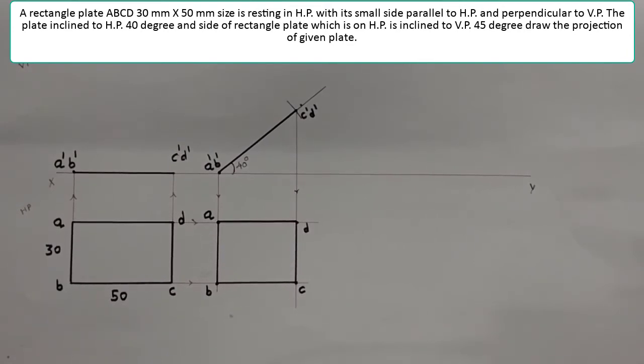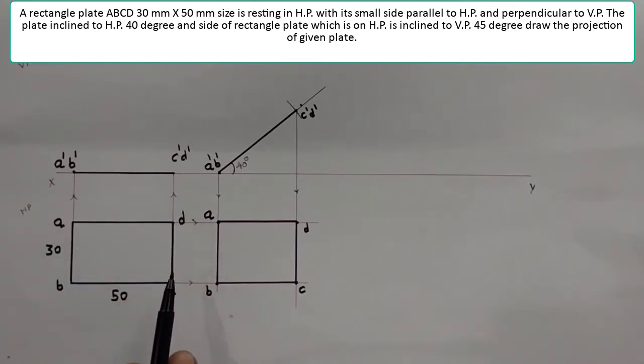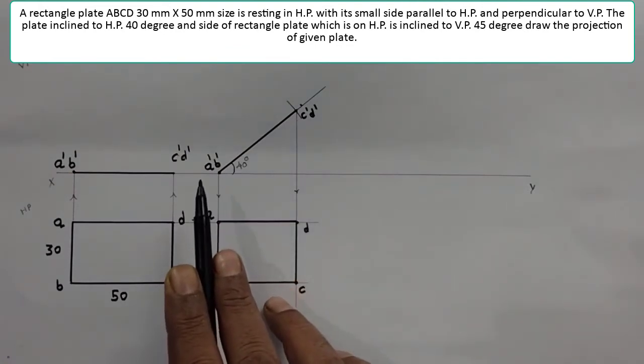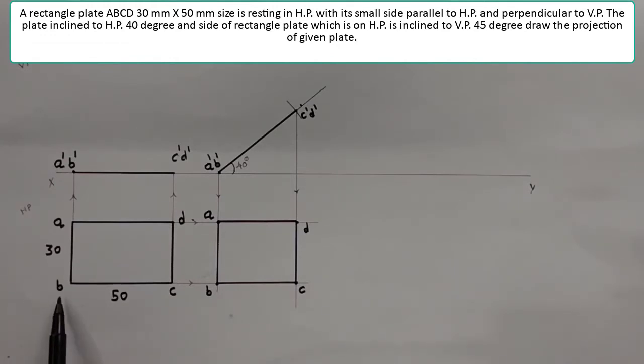Now understand here, when your plate is on HP with the surface parallel to HP and perpendicular to VP, the top view is our true shape. But when the surface is inclined to HP, your elevation shows the inclination, and the top view is a smaller rectangle. In the first stage, our BC is 50 mm.